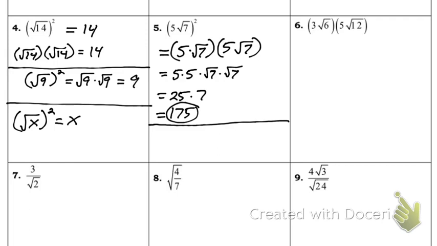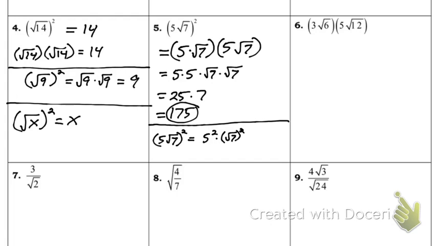I'm going to show you a different way to do that, because that was nice to have different ways, especially if you're trying to do it in your head. You can rewrite 5 square root of 7 squared as being 5 squared times square root of 7 squared. So you're almost like distributing that square to both items in there, as long as it's all being chained together by multiplication.